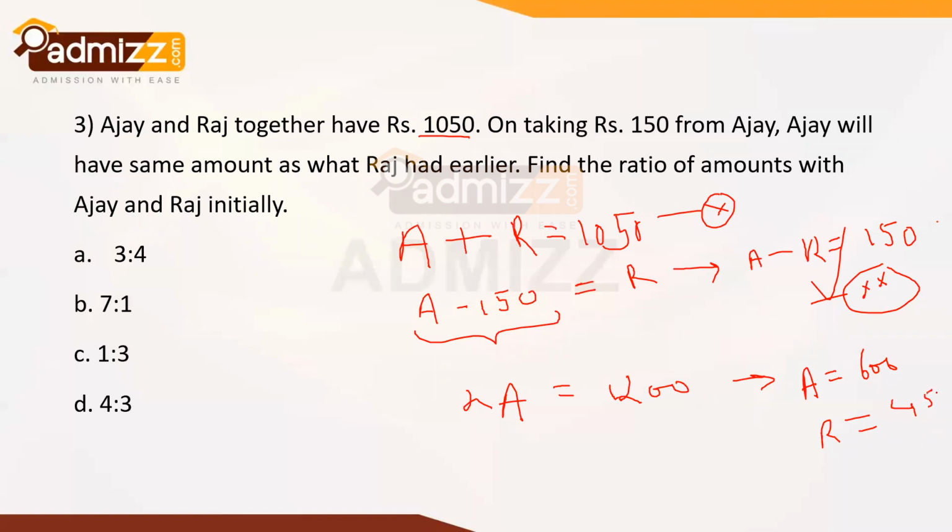So the ratio of A to R, which we have to find out, is 600 by 450, which is equal to, 150 times 4 is 600, and 150 times 3 is 450, so it's 4/3.